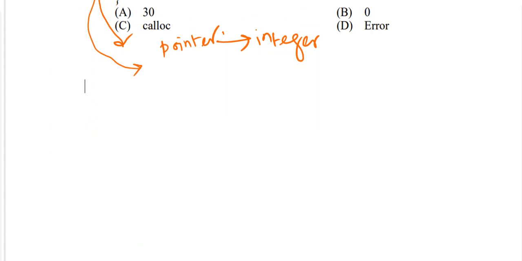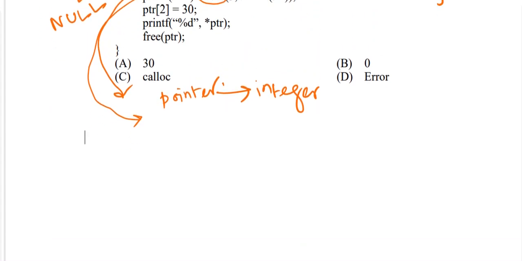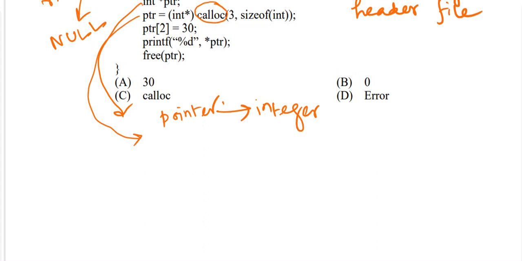In the next line, which is a very crucial line of this code, please try to understand this portion. Here ptr equals (int *) calloc. Calloc means it can dynamically allocate memory for n elements of the size of any data type.